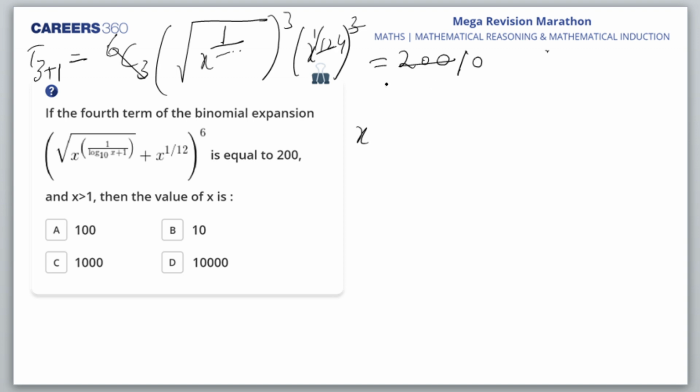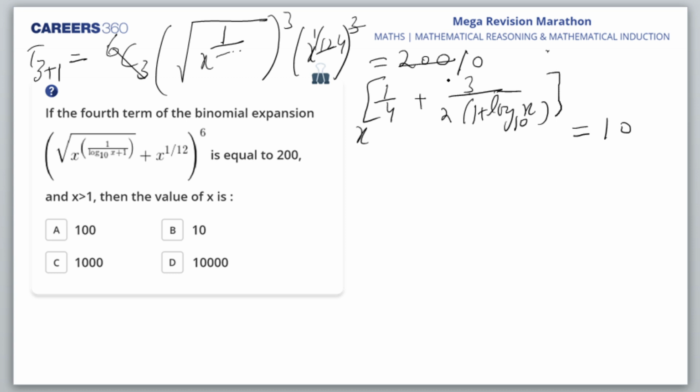So x power would be 1 by 4 plus 3 by 2, 1 plus log x to the base 10. This would be the power of x which I'll get, and this is 10. Am I right? So take log both sides. 1 by 4 will get added to the power of x here.